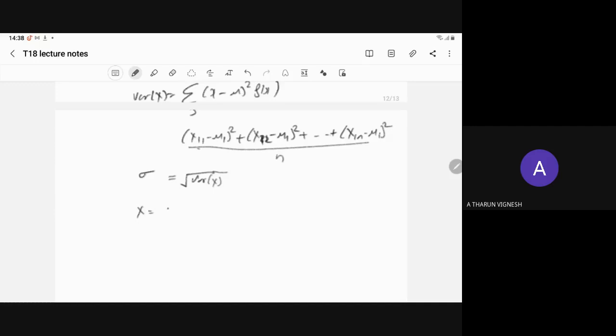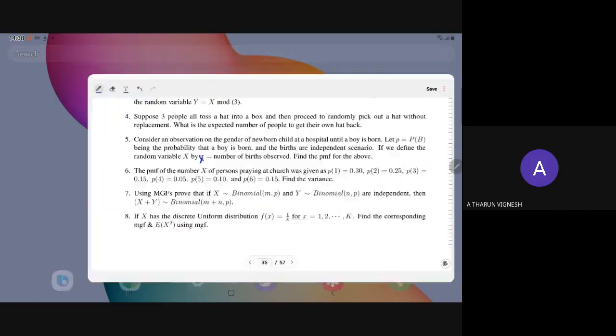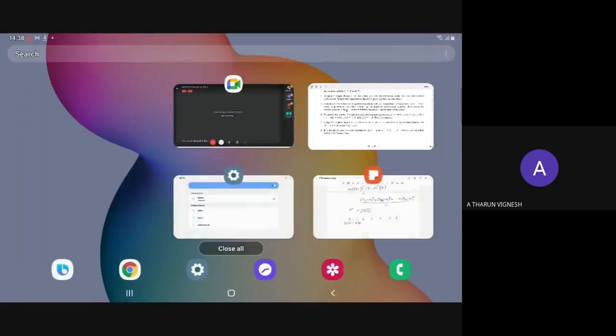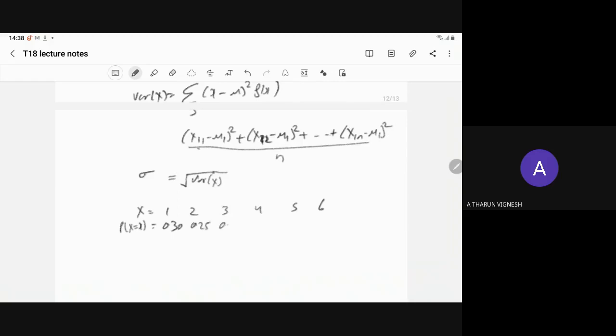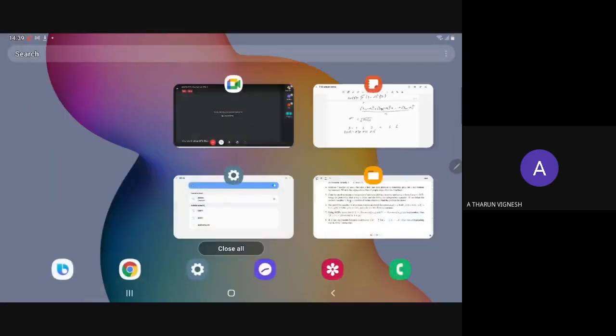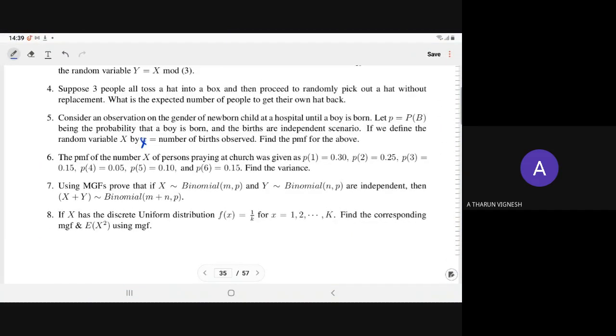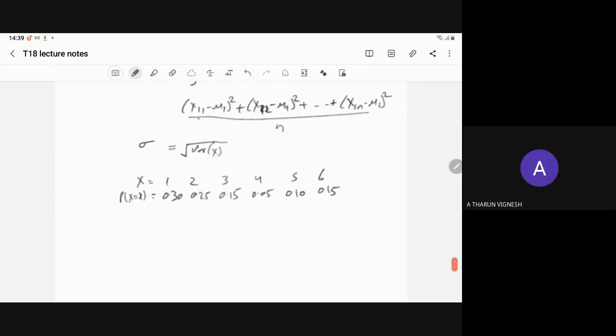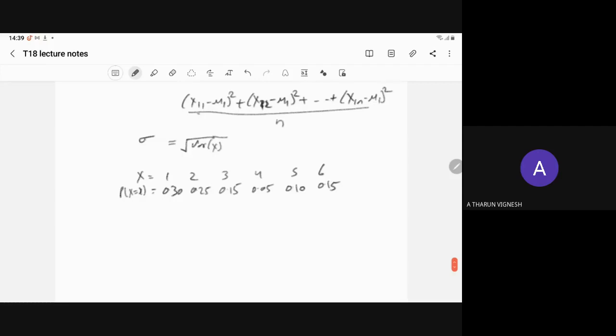Let's say X is equal to 1, 2, 3, 4, 5, 6, and the probability for X is given as 0.30, 0.25, 0.15, 0.05, 0.10, 0.15. So this is your p(x).